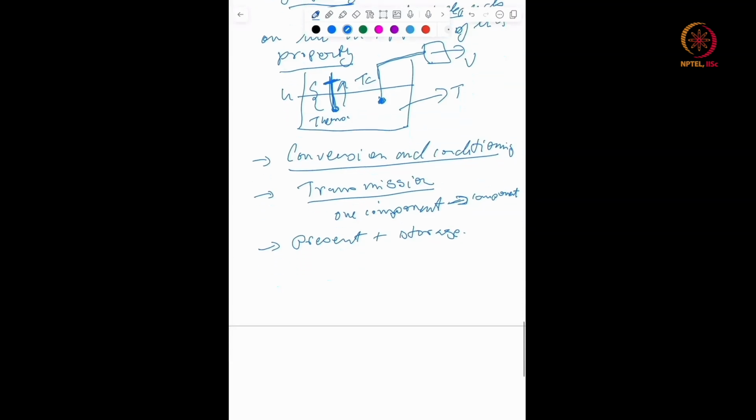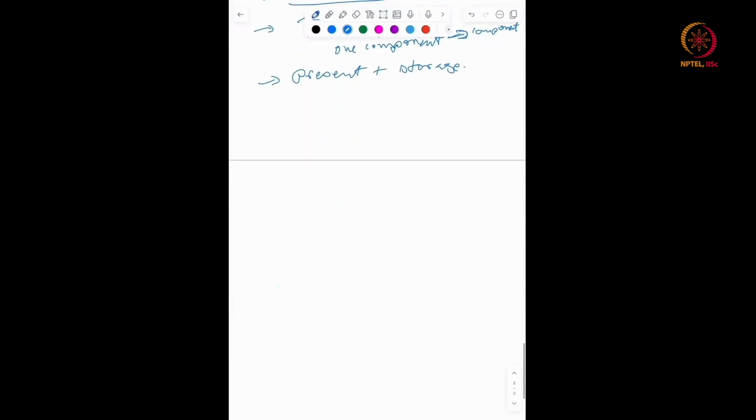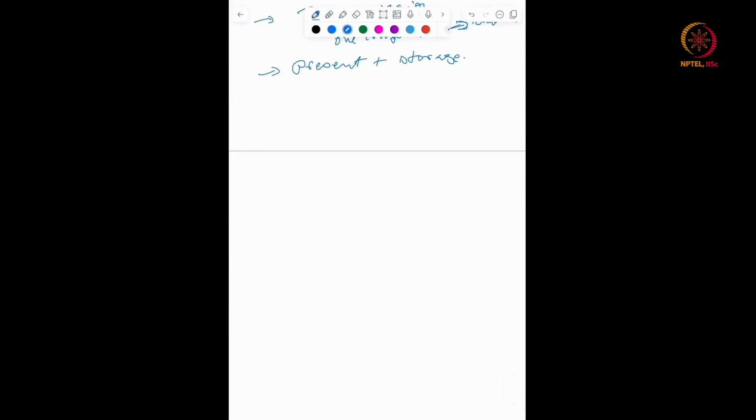An example, for example, this is a strain gauge example that is being shown over here, once again from the book. So this is, for example, you are sensing something.